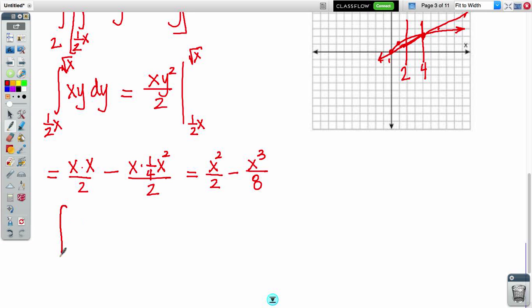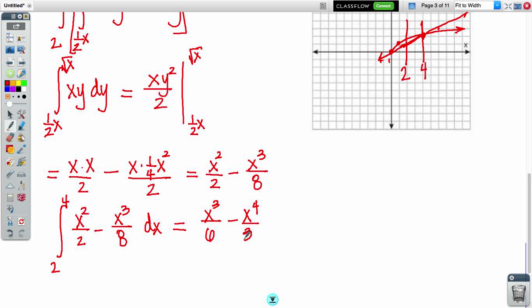So now I'm on to my outside integral, which goes from 2 to 4. This is my new integrand, x squared over 2 minus x cubed over 8. And notice this is back to single variable calculus. Nothing is weird here. So when you evaluate that, you're going to get x to the third over 6 minus x to the fourth over 32, and we're evaluating from 2 to 4.